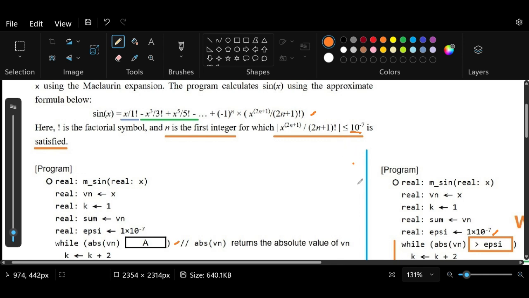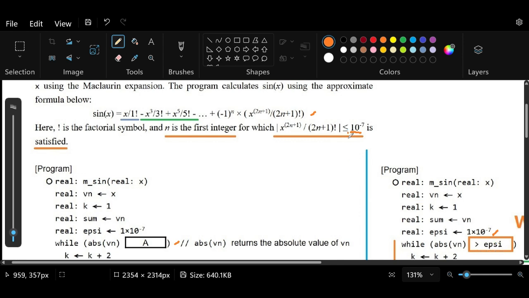What that means is, if we ask when we are going to stop, it has to be less than or equal to EPSI. But if the question is how long we are going to do this, our answer is as long as we are greater than EPSI.